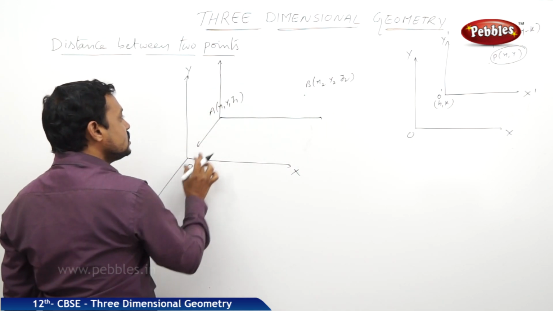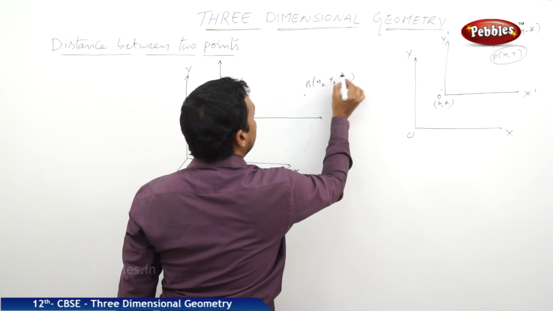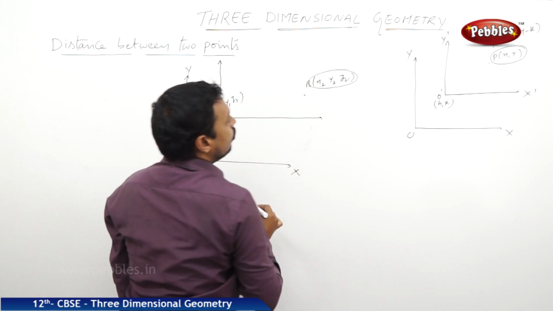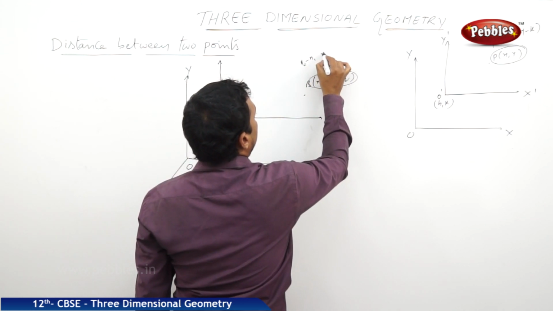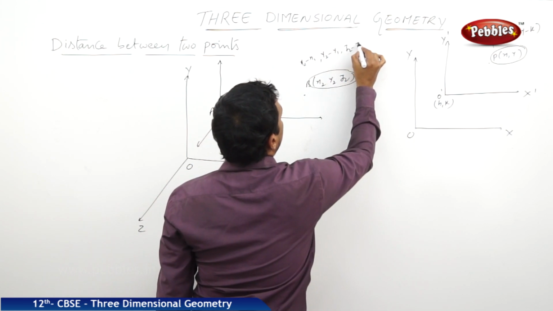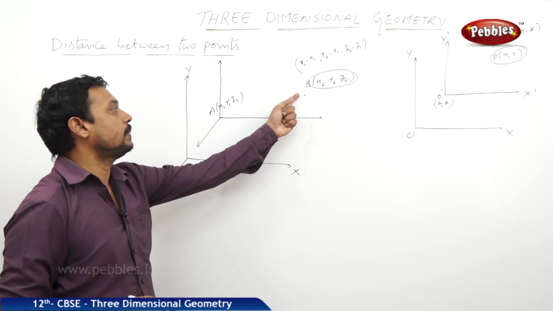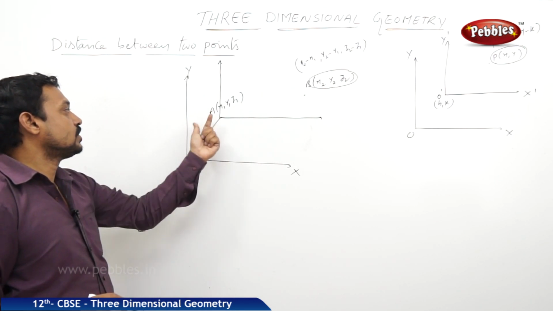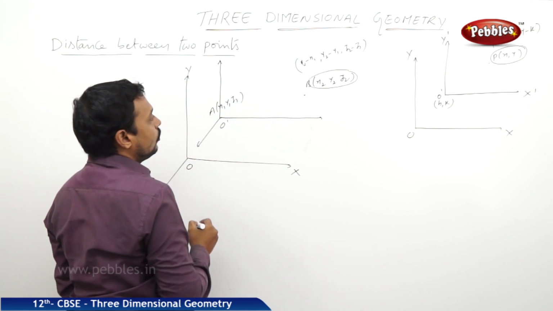When origin is shifted to this point, then the new coordinates of B become x2 minus x1, y2 minus y1, comma z2 minus z1. Now these are the new coordinates of B when origin is shifted to A. So now origin is shifted to here, let it be O dash.